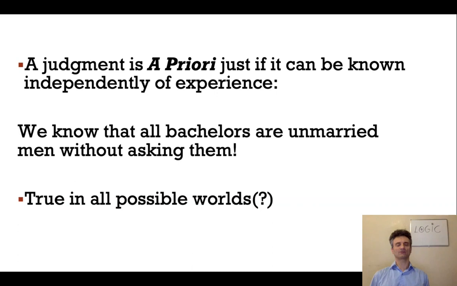Is it possible, for example, that a square in a different world has more or fewer than 4 sides? Obviously, that's impossible, because let's say, for example, that it has 3 sides. Well, that's not a square, because a square is defined as a geometrical figure that has exactly 4 straight sides.